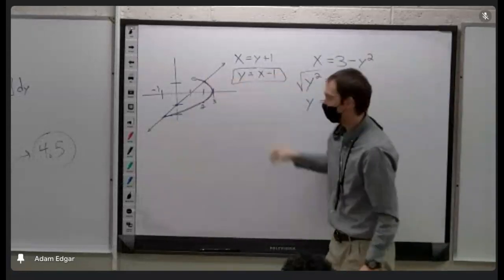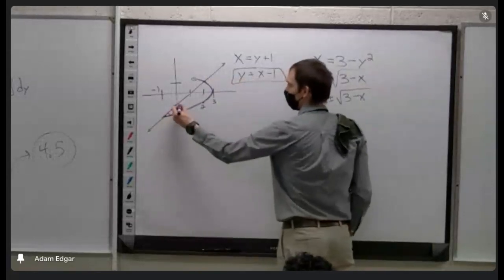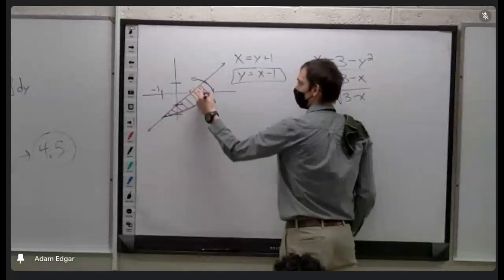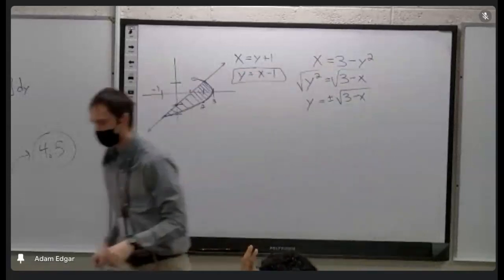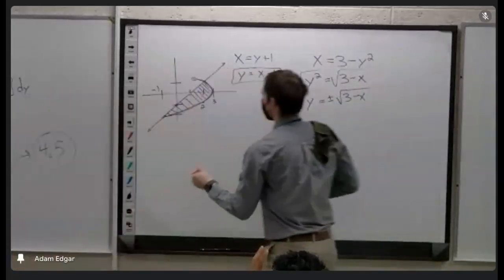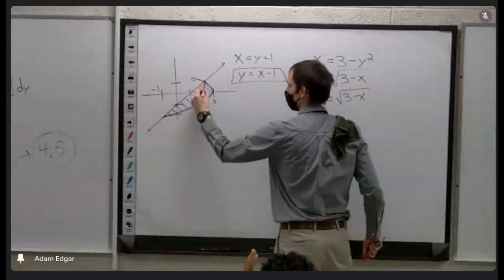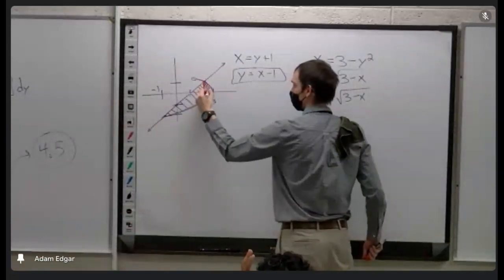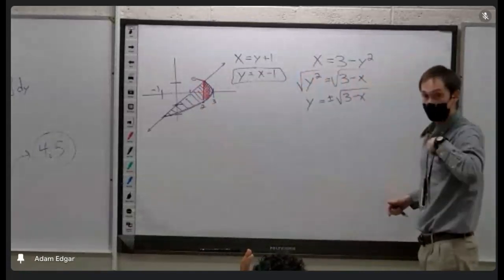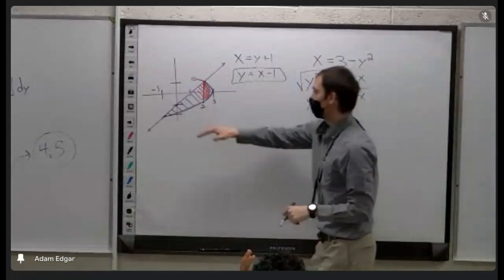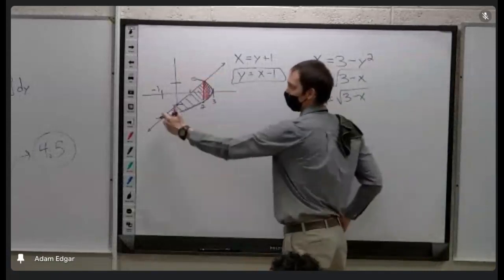So we would have this area here that we're looking at, and I'm going to break this up. So at 2, what happens to the other graph? What happens to x minus 1? Yeah. So as we look at this, who's the top curve from -1 until 2?